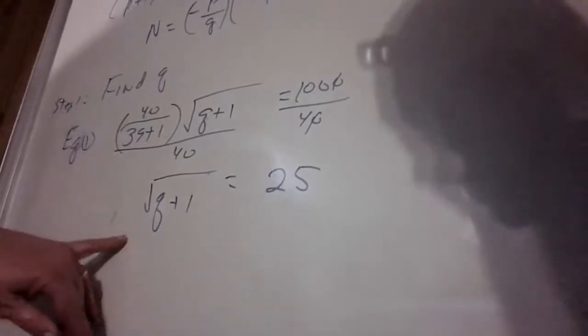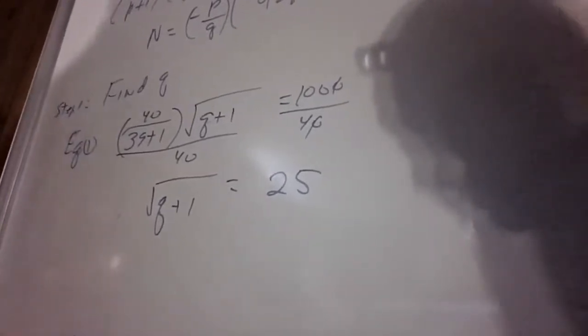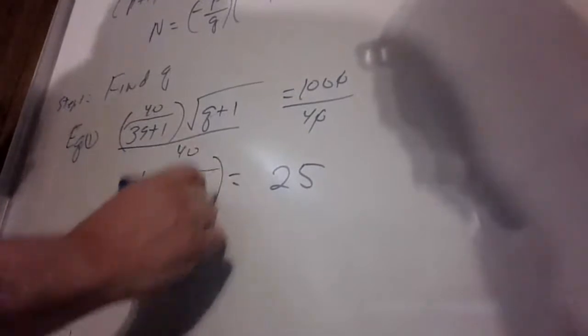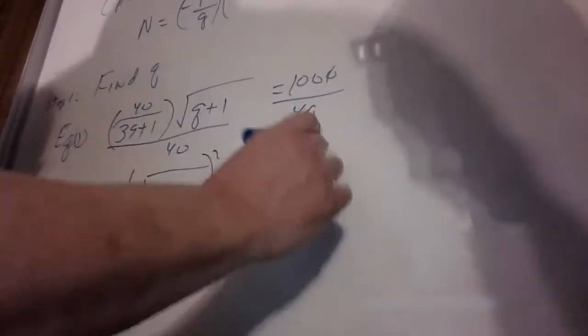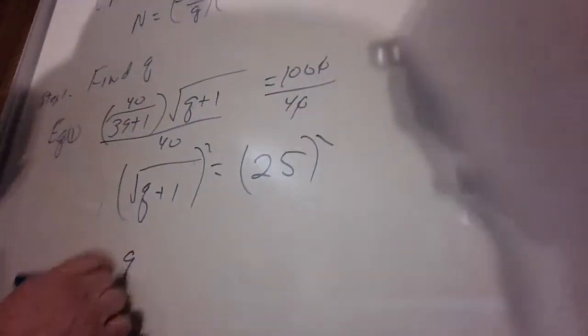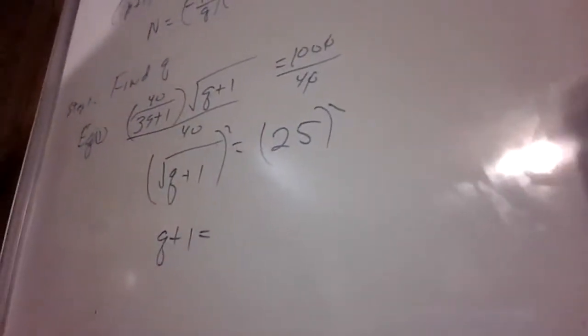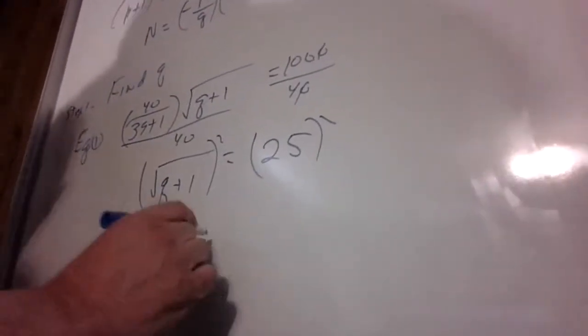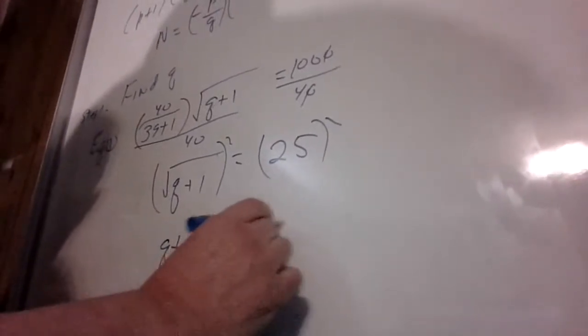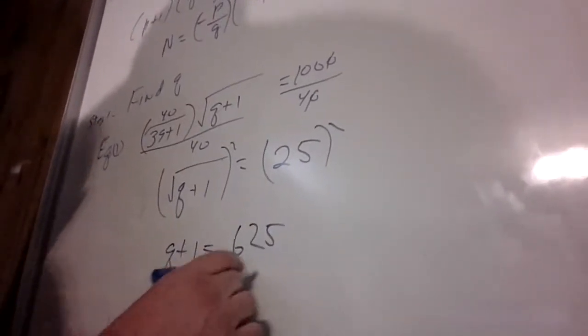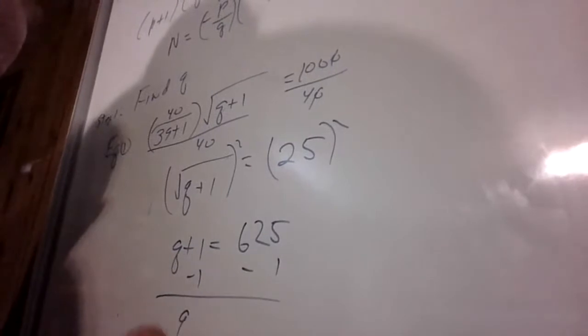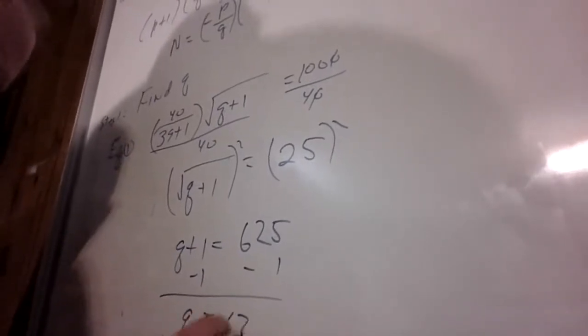Now, in order to get rid of a square root, I just square both sides. That gives me Q plus 1 equal, I believe that's 625. Isn't 25 squared 625? Yes. Subtract 1. And we know now Q is 624.